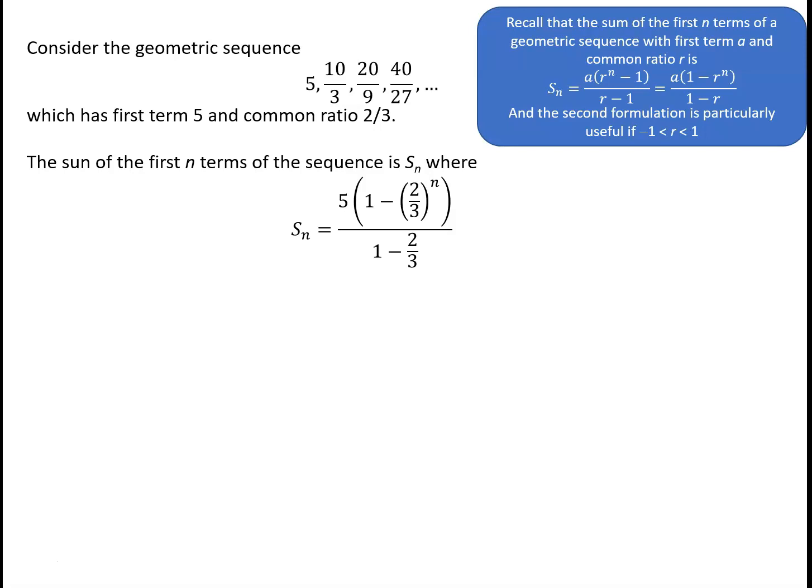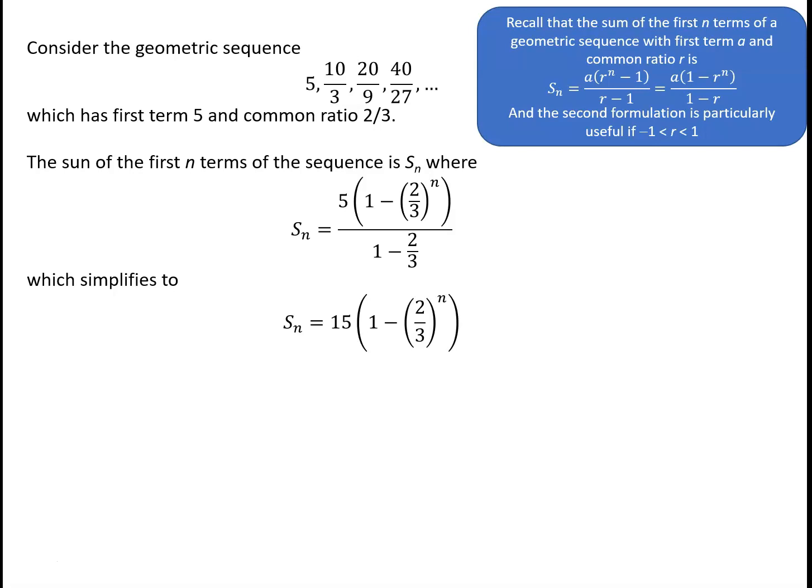Now 1 minus 2/3 is the same thing as a third, and 5 divided by a third gives me 15. So I can write Sn as being 15 times 1 minus 2/3 to the power n.